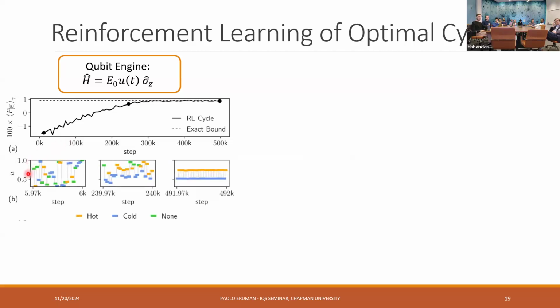And here we show the actions, the values of the controls that were chosen by the agent at these three points during training. For example, at the beginning, we see that the actions u are completely random, the color is random, the position is random. This is because the reinforcement learning agent has no knowledge about the system, so it just chooses actions randomly, and the corresponding power is negative, which means that we're not extracting work, but we're dissipating work into the system.